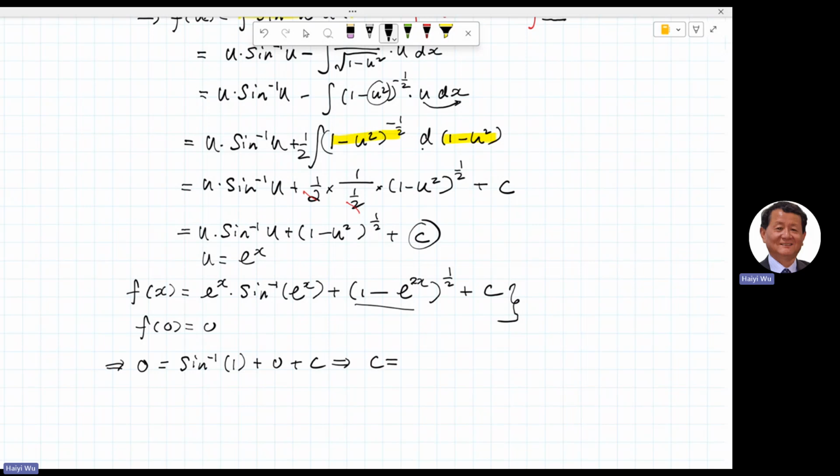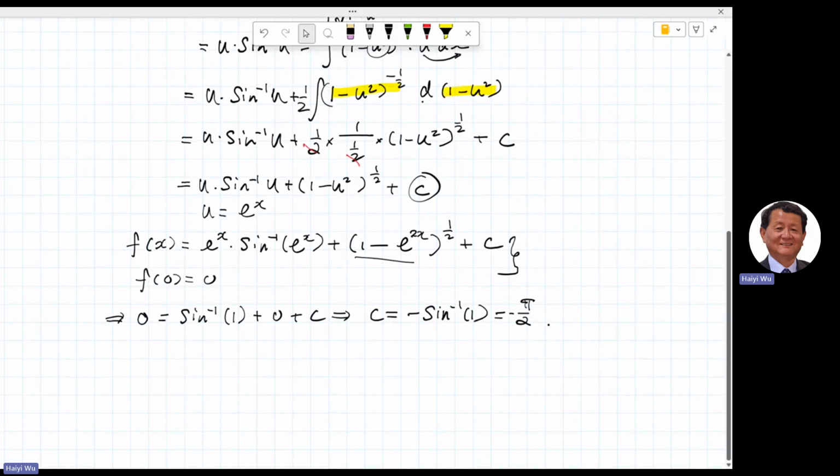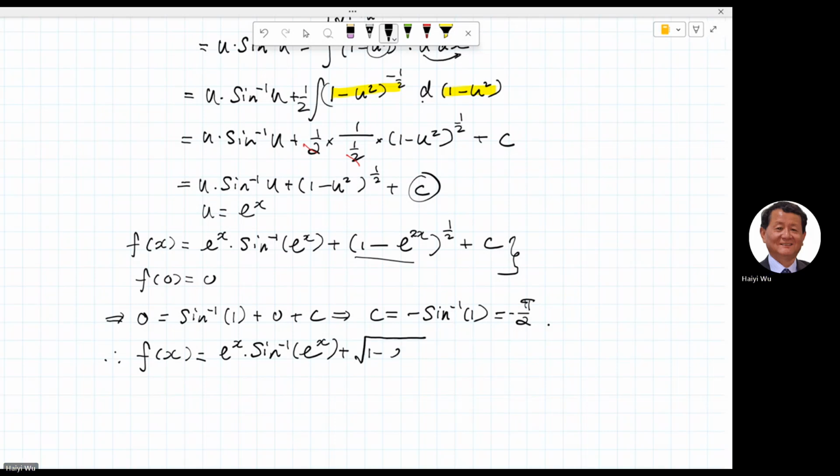Therefore c is negative inverse sine of 1, which is negative pi over 2. So my solved function f(x) is e to the power of x times inverse sine of e to the power of x, plus the square root of 1 minus e to the power of 2x, minus pi over 2. So that's my function.